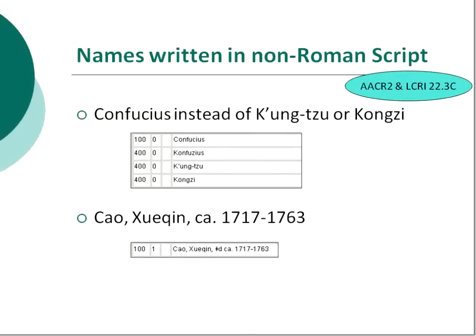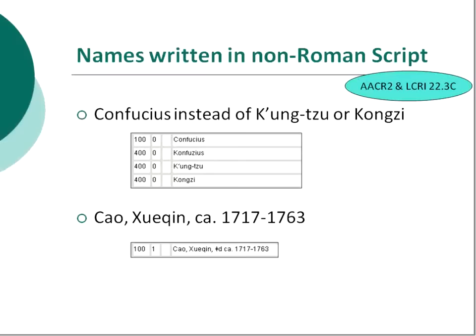Names written in non-Roman script. In this session we are going to focus on names in the CJK language area. You may ask, are there any instructions in the AACR2 and LCRI covering this area? The answer is yes.